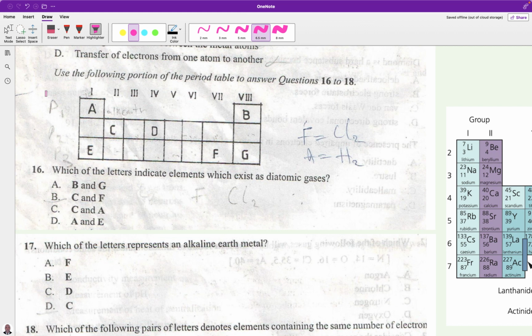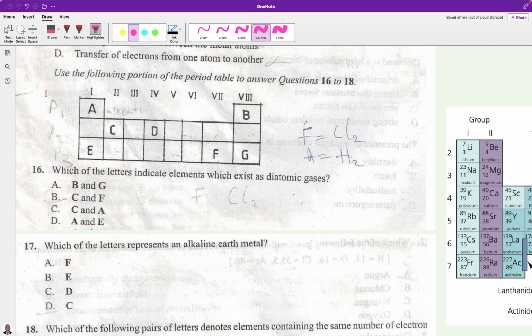The elements are numbered in groups: group 1, group 2, group 3, group 4, group 5, group 6, group 7, and group 8. That is the portion of the periodic table that we have been given.